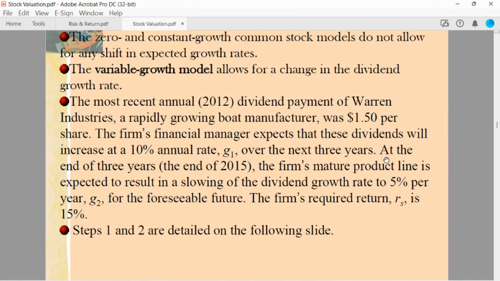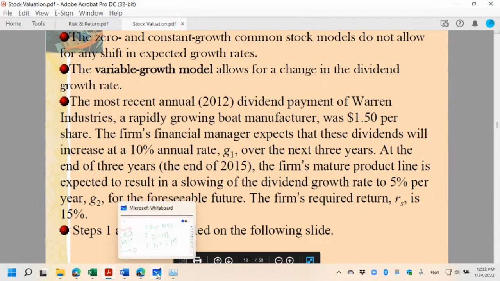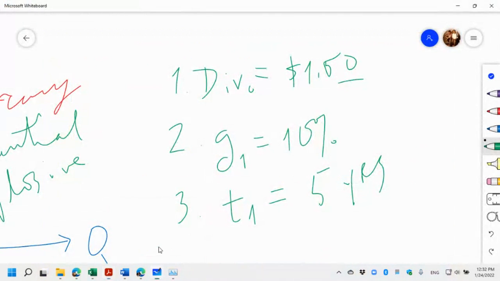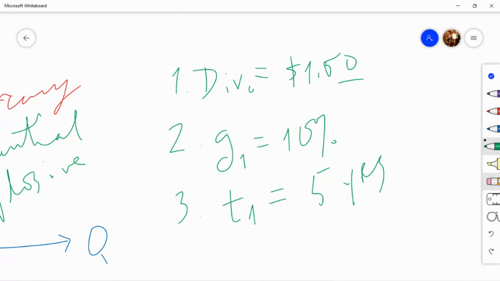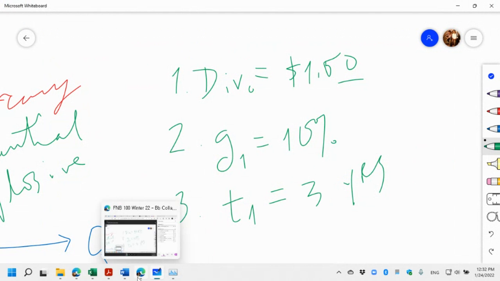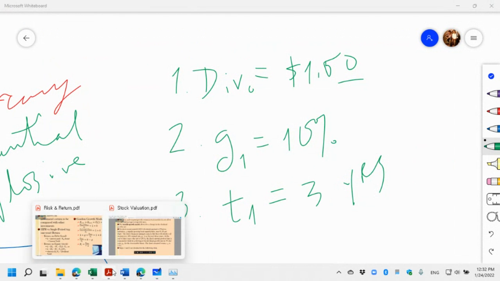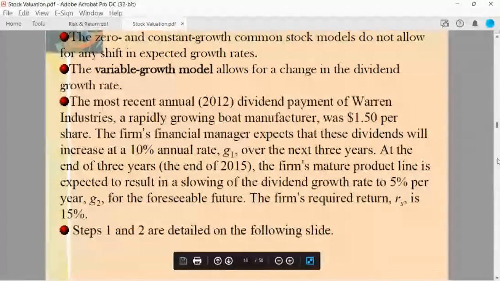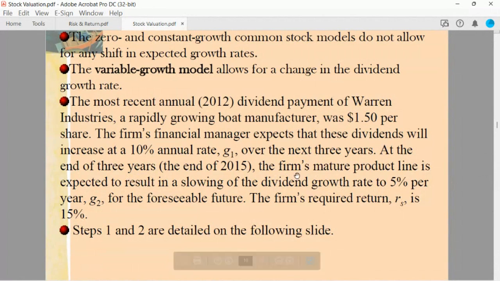Next, over the next 3 years. So okay, that was 3 years, right? And then at the end of 3 years, the firm's mature product line.